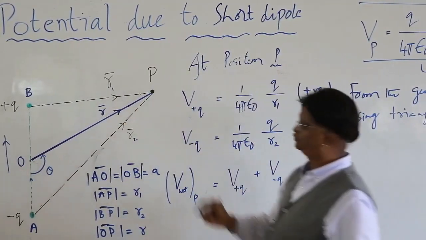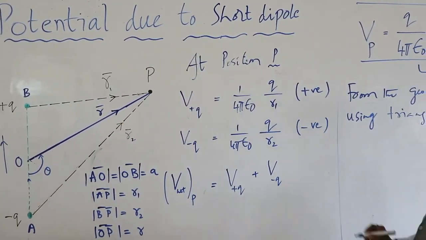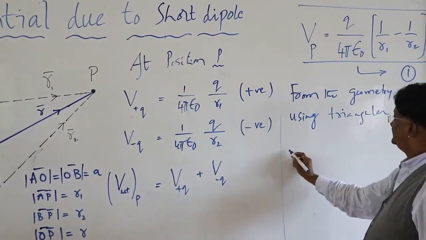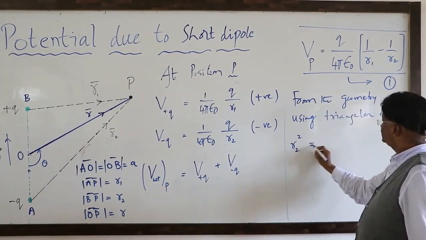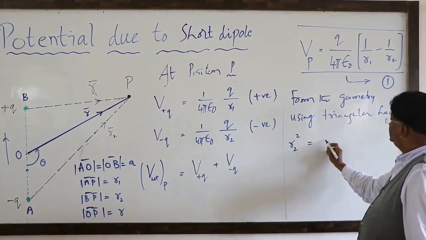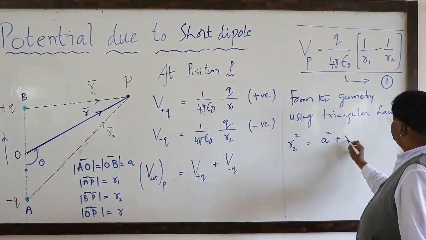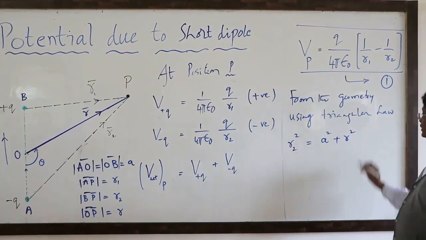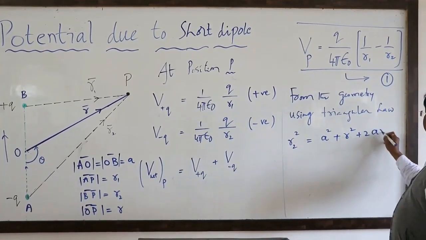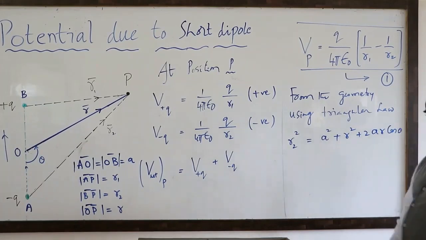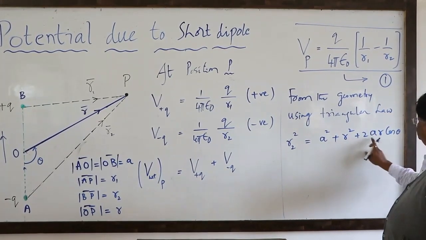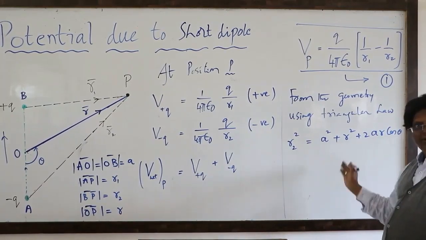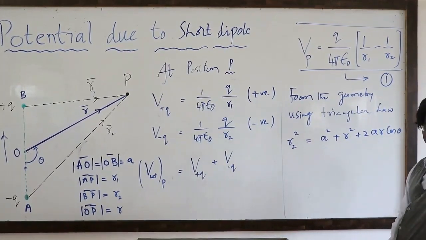AOP is equal to AP. Therefore, now I can write R2 square is equal to A square plus R square plus 2AR cos theta. Is it okay? A square plus R square plus 2AR cos theta. I have squared on either side.